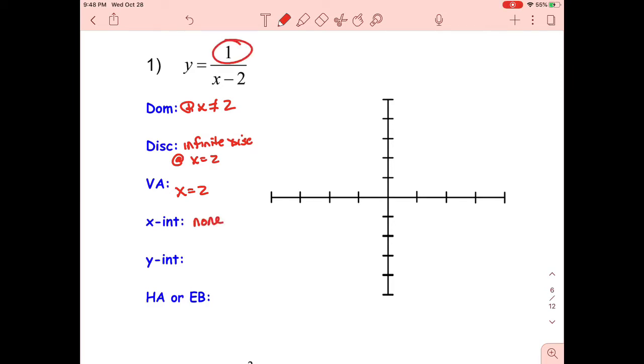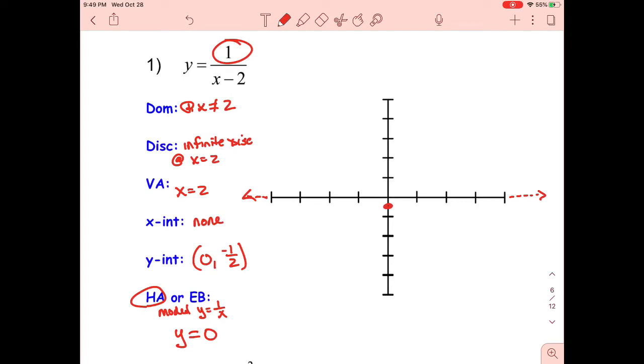The x-intercept occurs when y is 0, and there will be none, because there's no way y can be 0, because the numerator can never be 0. And now the y-intercept occurs when x is 0, and of course that will give you a -1/2. End behavior: the model is y equals 1 over x, which means we have y equals 0, because when x gets huge, 1 over a huge number is basically nothing, or 0, and that's going to be a horizontal asymptote.